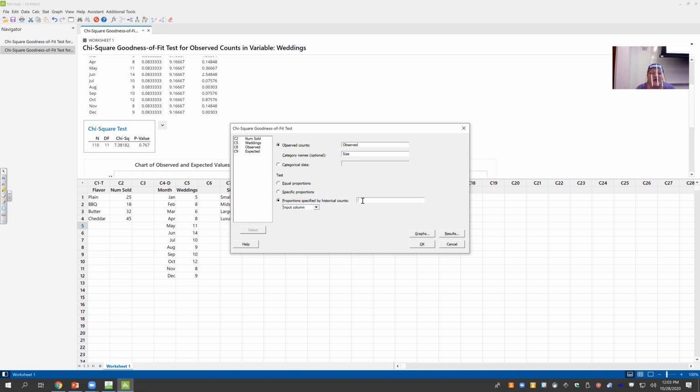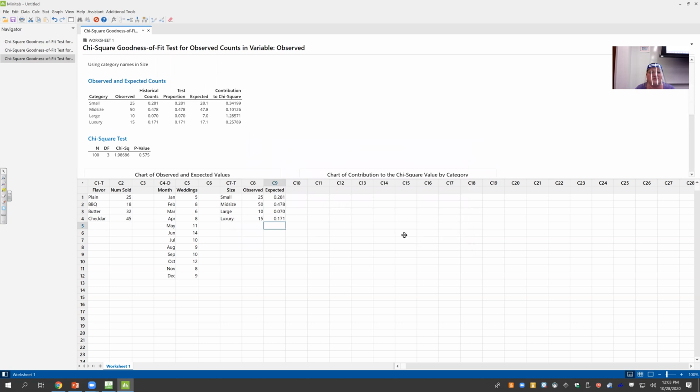And I have to tell it where those counts are. They're in column 9. So I have to tell it where the observed values are, where the categories are, and this time I choose proportions specified by historical counts, and I indicate where those percentages are located, or those decimals. Then I'm going to click OK.